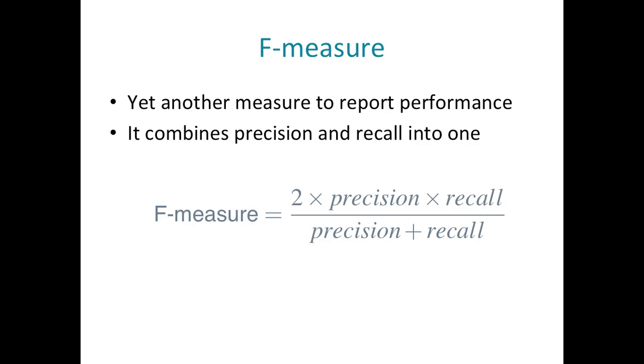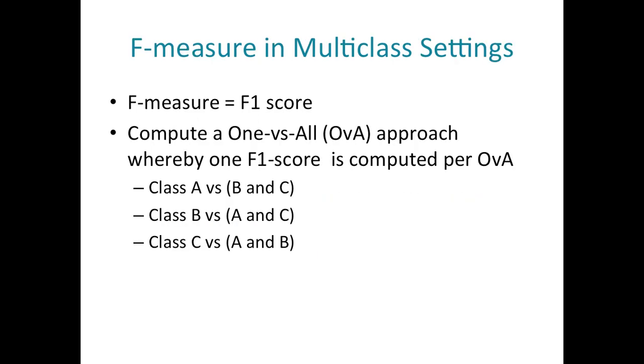And so sometimes in order to be able to compare classifiers, it's also interesting to report F measures. The F1 measure is also known as F1 score, and it can also be computed in multi-class settings. The way most of the packages do it is by taking a one versus all approach, whereby one F1 score is computed for each of the one versus all combinations that we can compute.